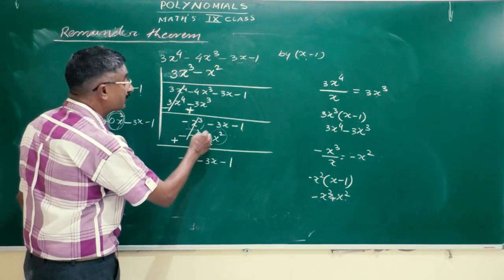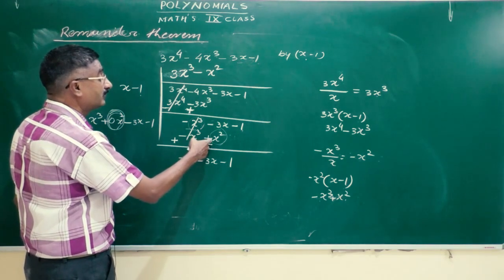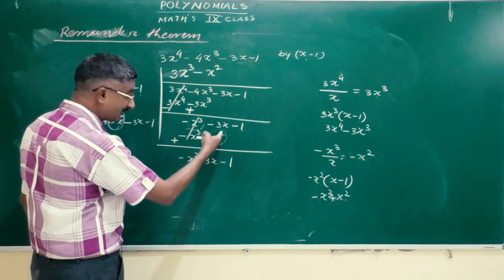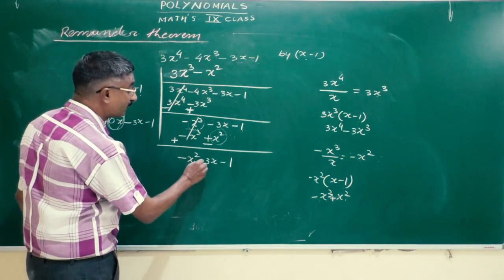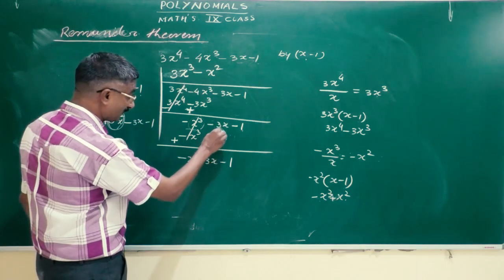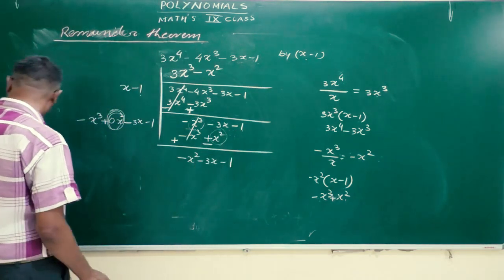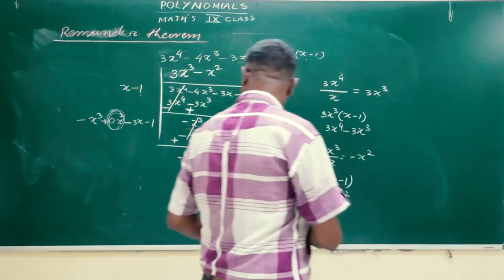This is the point where the students make mistakes. They are subtracting 3 and minus 2, so they are writing minus 2x square. But here it is x and here this one is x square. So minus x square minus 3x. This one is minus, this is minus and minus 1. So be careful while solving the problem.